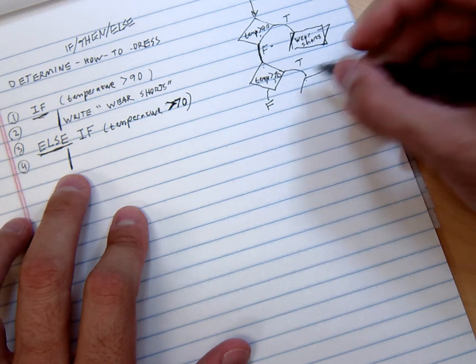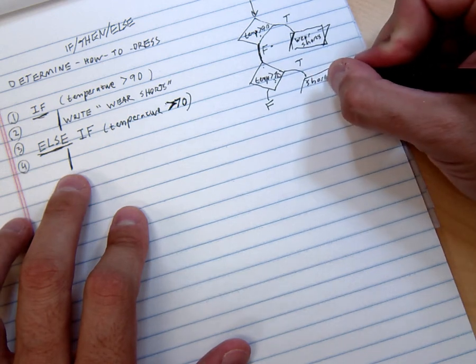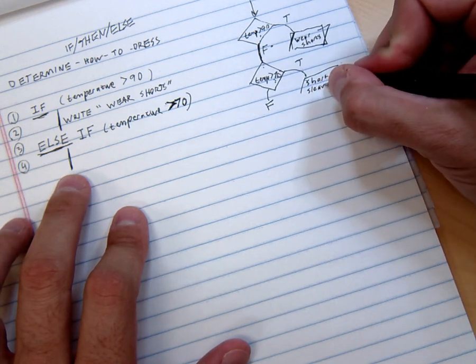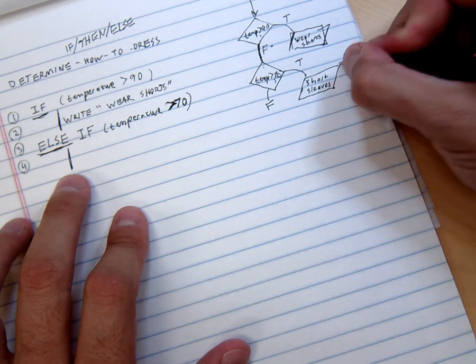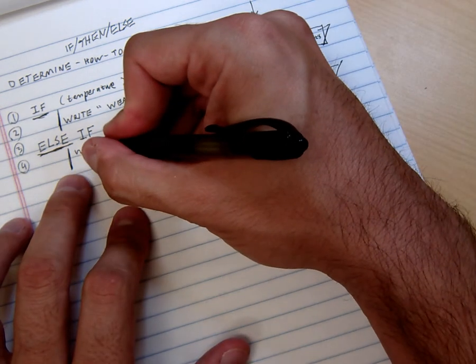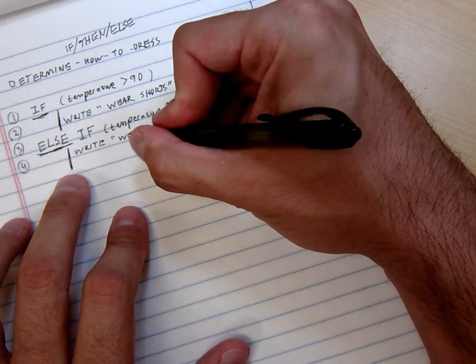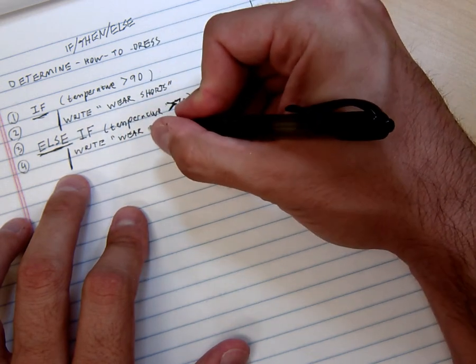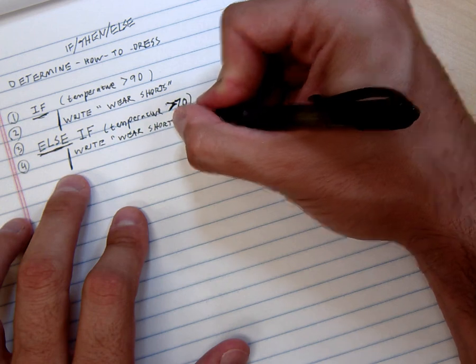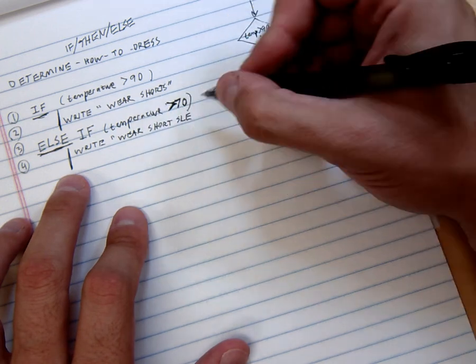So here you wear short sleeves. Forgive the spelling. Here we're going to write wear short sleeves. How do you spell sleeves? Okay.